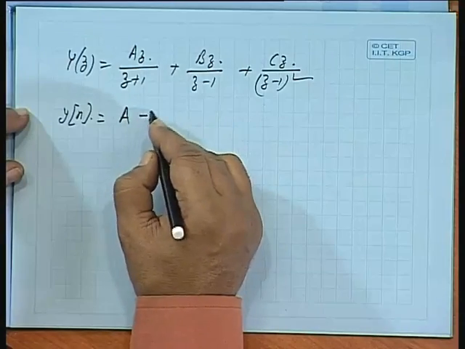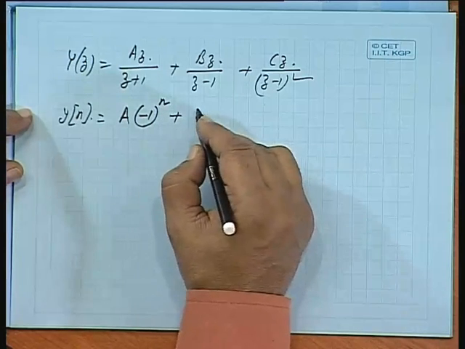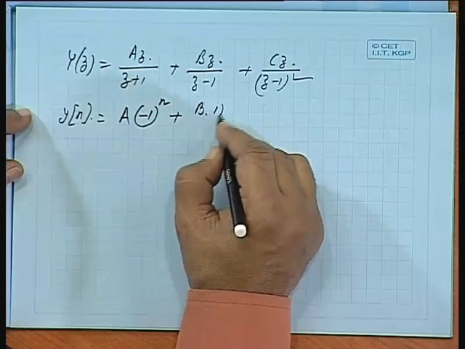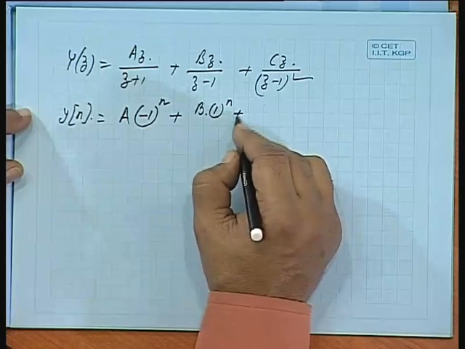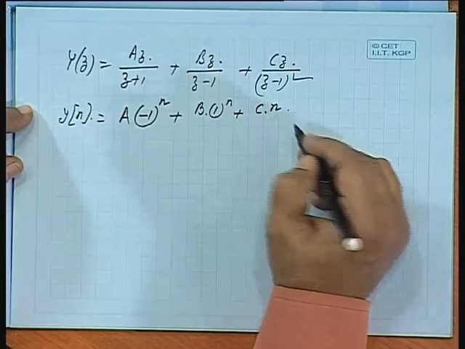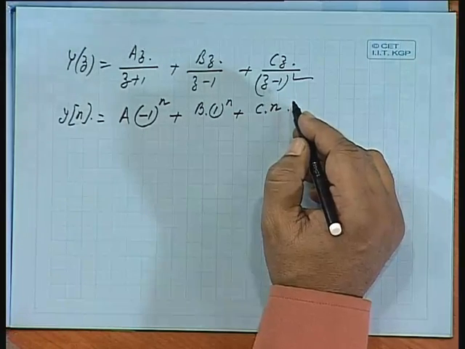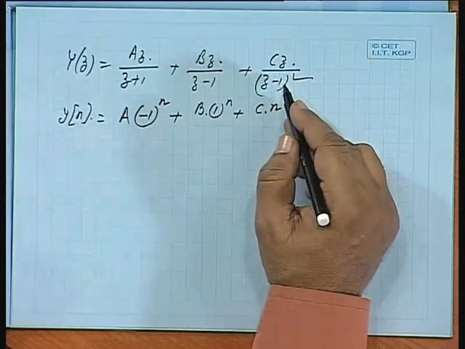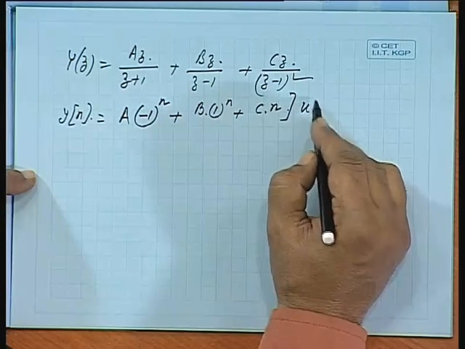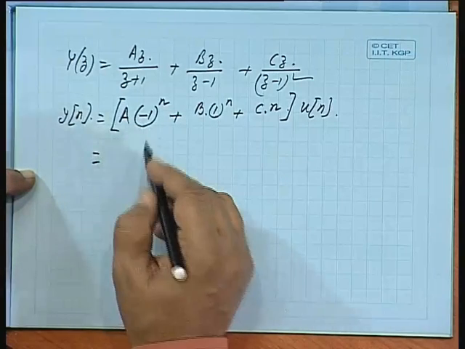A into minus 1 to the power n plus b into 1 to the power n, plus c into n. Just one or two problems earlier we have derived this, is it not, for the ramp function. So, whole thing multiplied by u n, and now substitute the values.